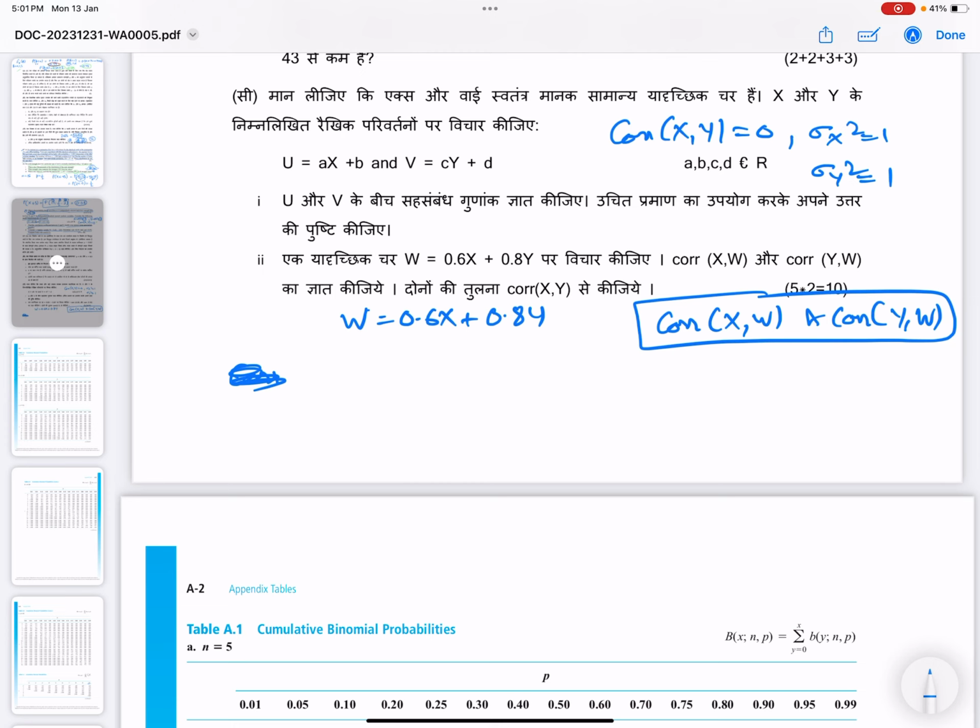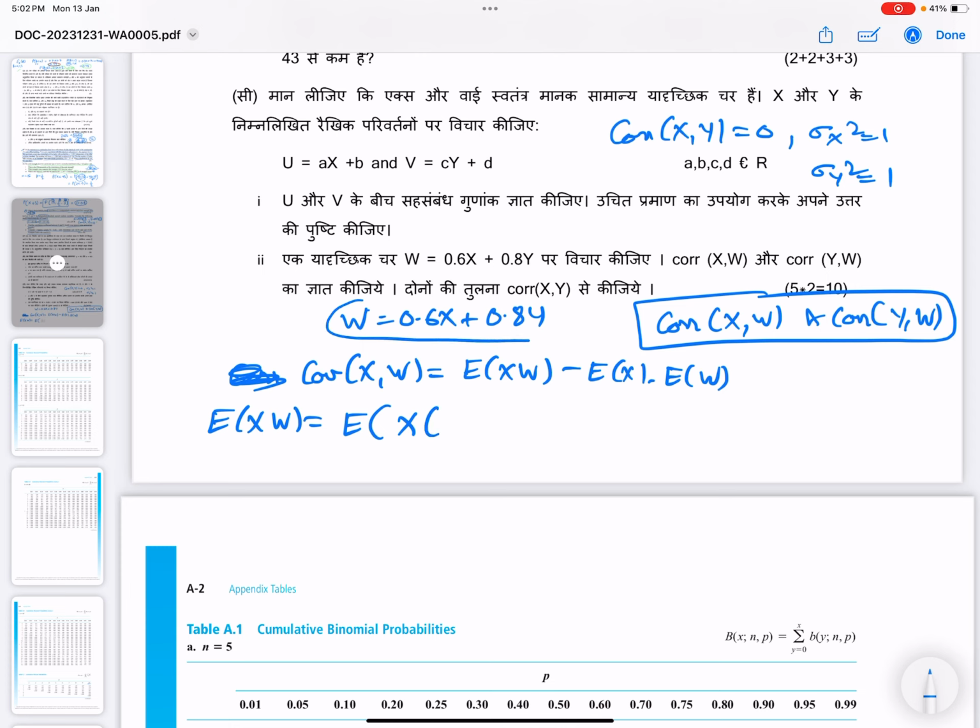So covariance XW would be expected XW minus expected X into expected W, and expected XW would be expected X into W. So this would be expected of X times 0.6X plus 0.8Y.